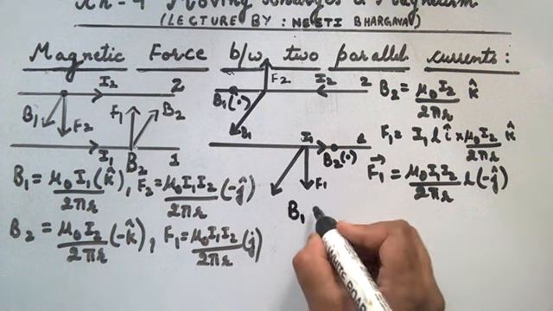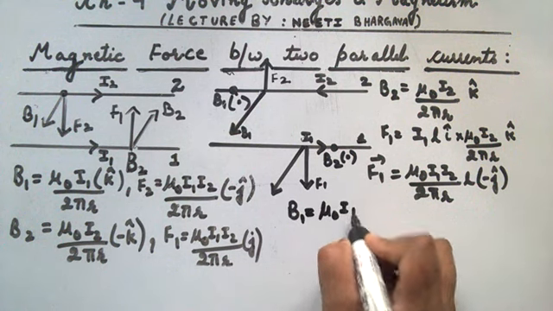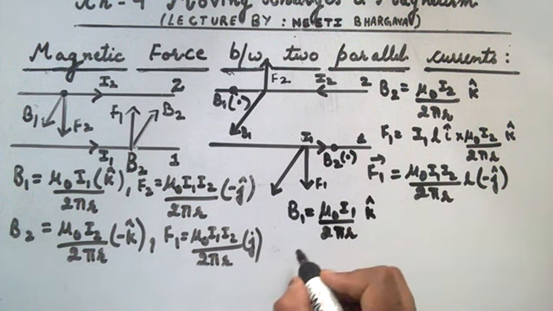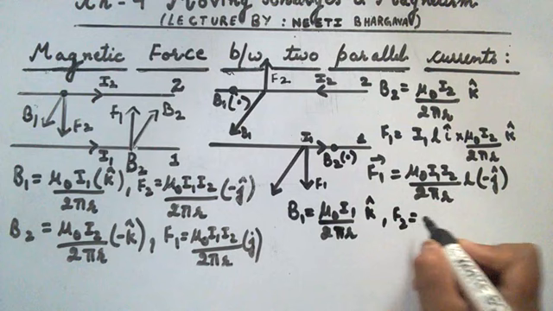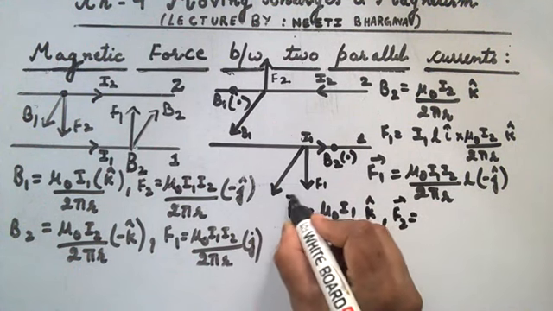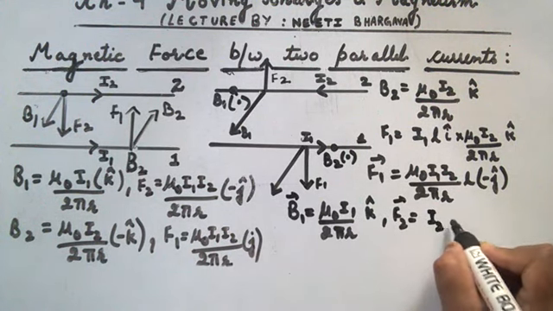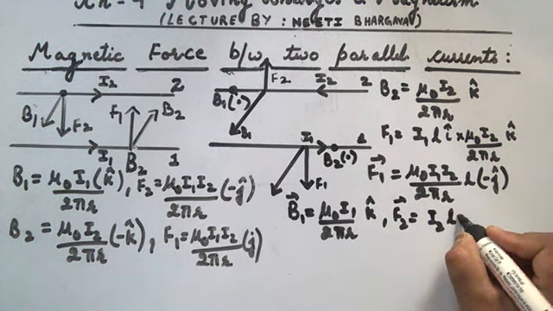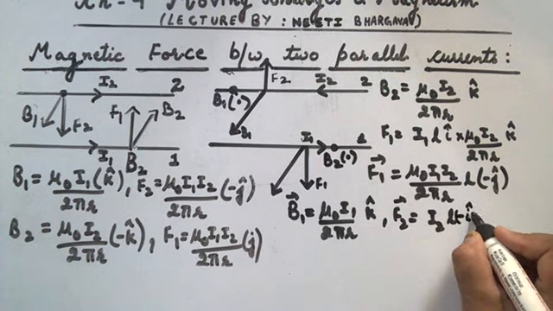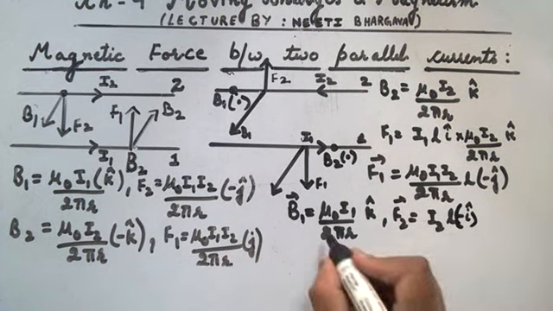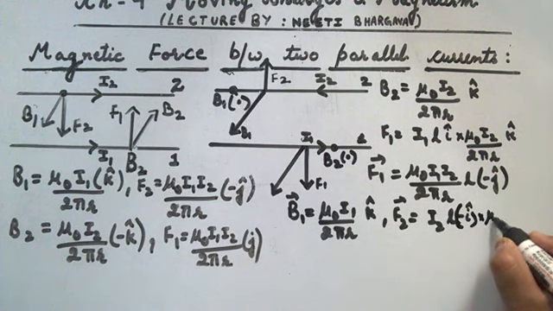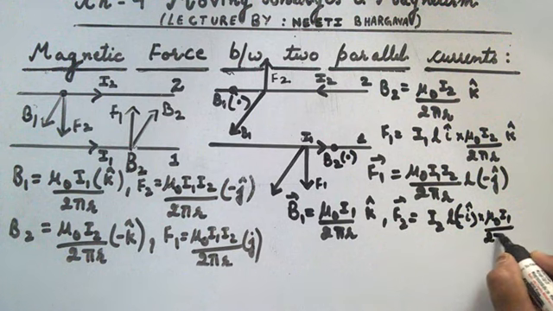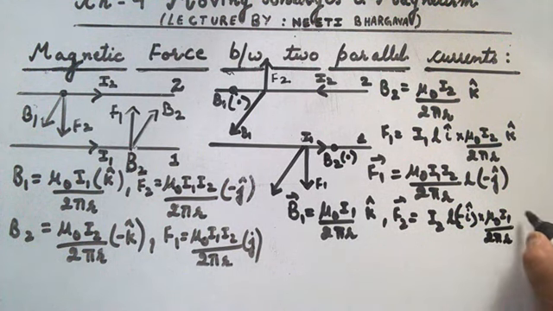B1 is equal to mu naught I1 upon 2 pi r, also k cap, and F2 equal to I2 L along minus x-axis, that is minus i cap, into mu naught I1 upon 2 pi r k cap.